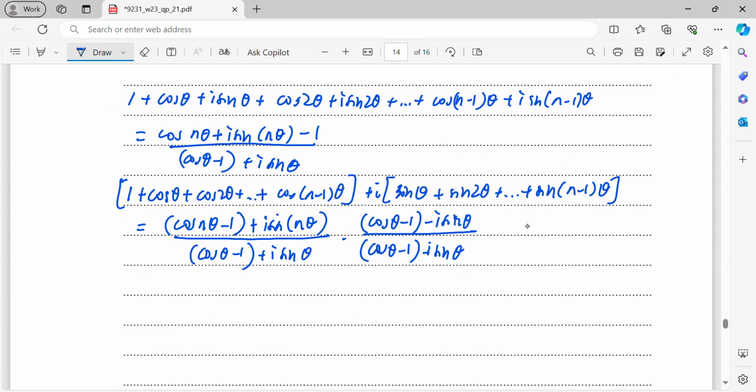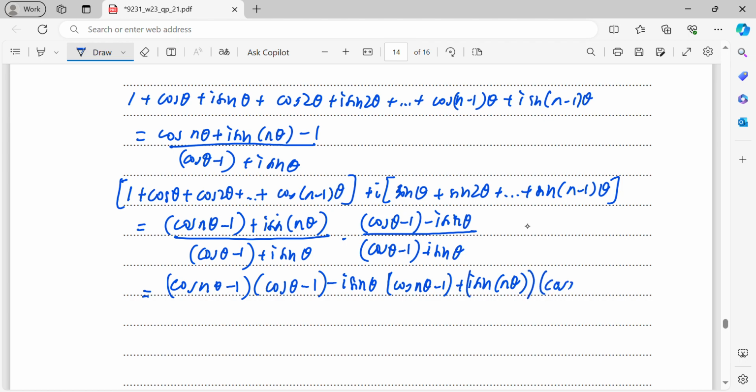Okay, so for the right hand side, when you do expansion, that is cos n theta minus 1 times cos theta minus 1, then minus I sin theta multiplied with cos n theta minus 1, then plus I sin n theta multiplied with cos theta minus 1, then minus I squared sin n theta sin theta, over the denominator.